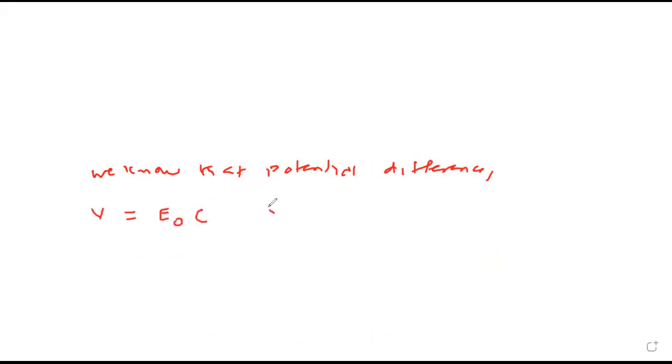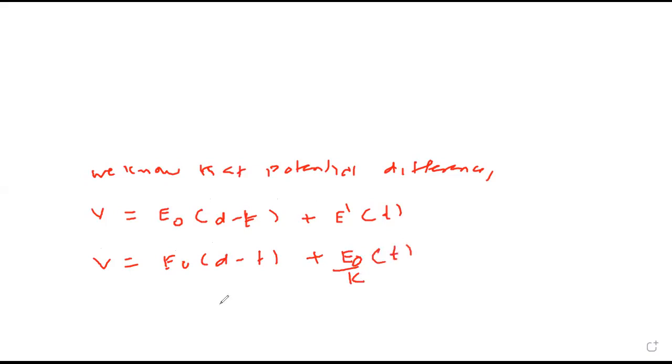So for E naught the distance is D minus T, and E dash is having thickness T. So it is E naught times D minus T plus E naught upon K into thickness T. Therefore, V is E naught in bracket D minus T plus T upon K.